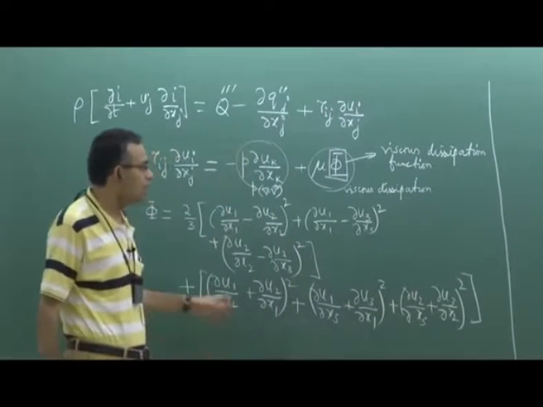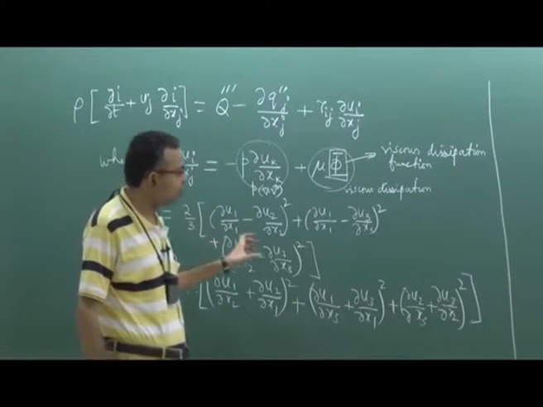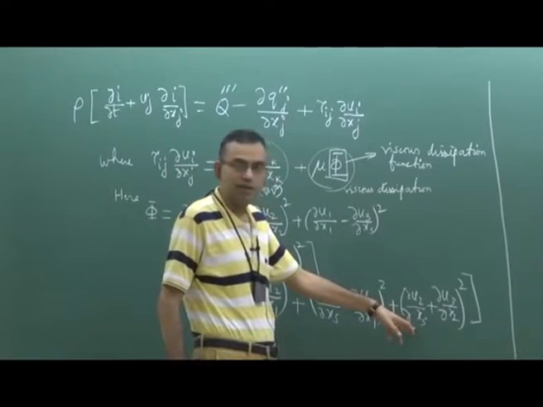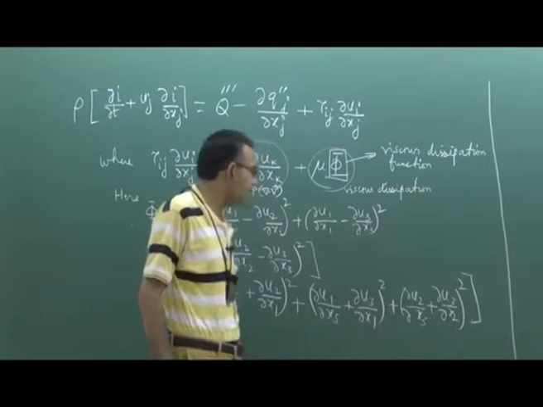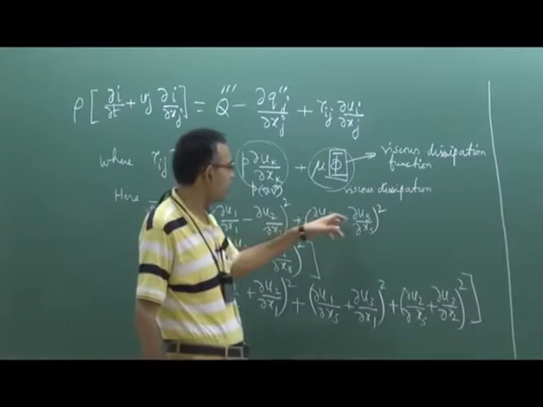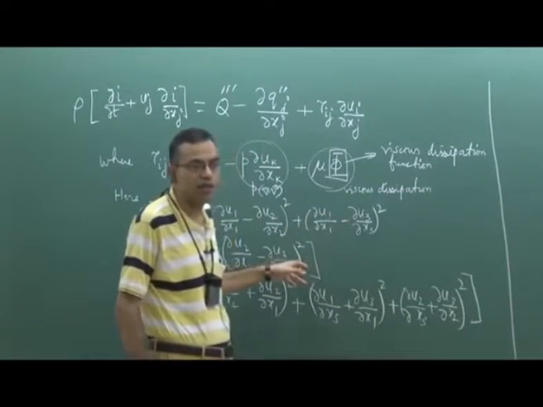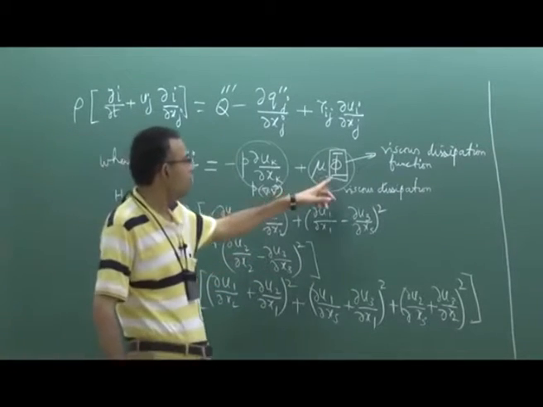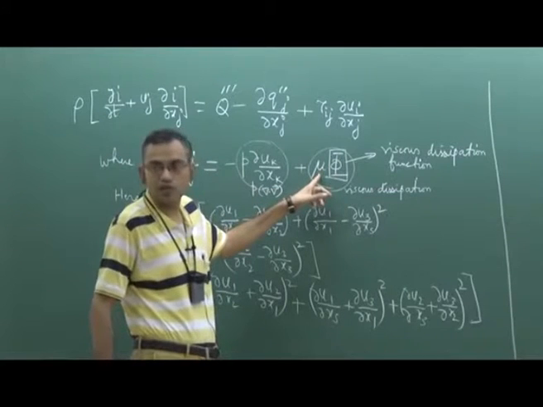So it is the sum of squares of rates of deformation plus the sum of squares of other terms involving the velocity gradients. So velocity gradients are responsible for this term, along with the viscosity of the fluid.